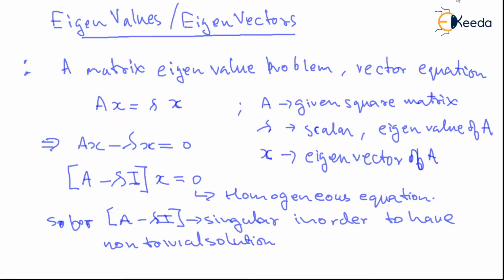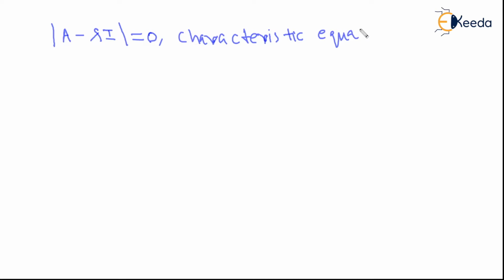The requirement is that determinant of A minus lambda I should be equal to 0. And this is nothing but the characteristic equation.